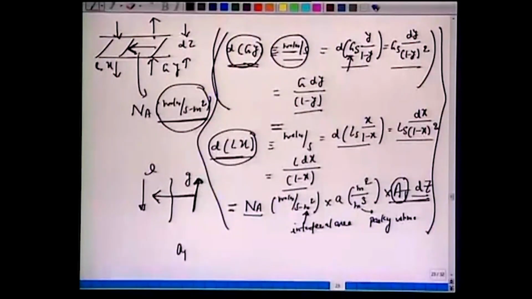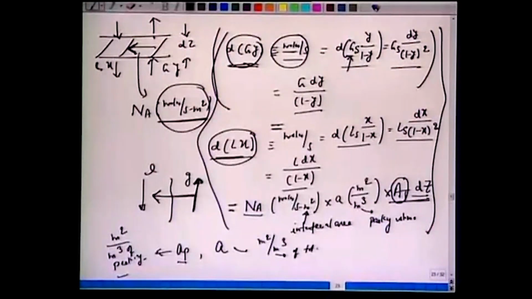There are two types of nomenclature used in most textbooks, one is ap, one is a. ap is generally meter square per cubic meter of packing, say Berl saddles or Raschig rings. This a is meter square per cubic meter of total packed volume, which means a can be related to ap times (1 minus epsilon B), where epsilon B would be the bed porosity.